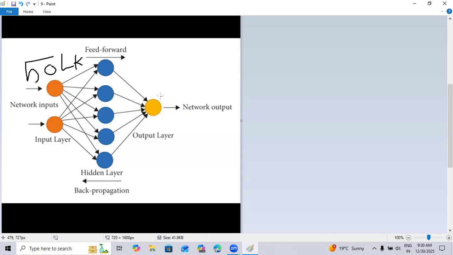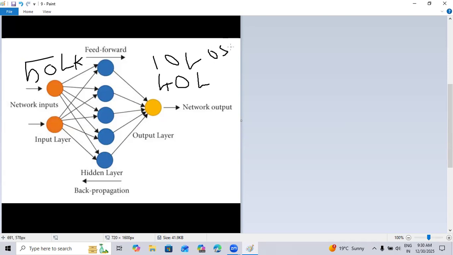The output gives the decision of 40 lakhs. The actual house price is 50, but the neural network gives 40 lakhs as the forward propagation output. So we face a 10 lakh difference, and this gap is the loss. 10 lakhs is the loss.